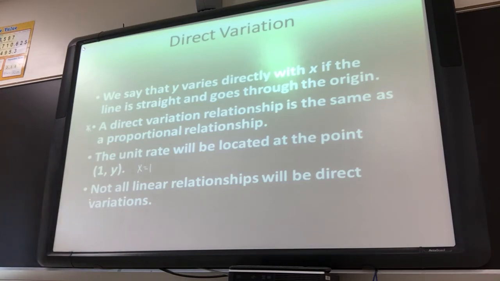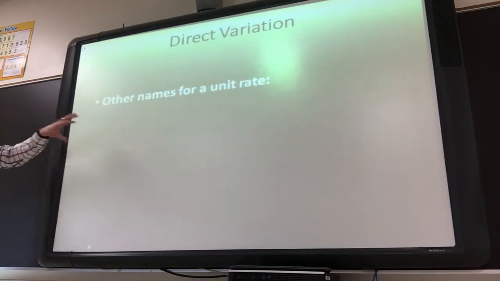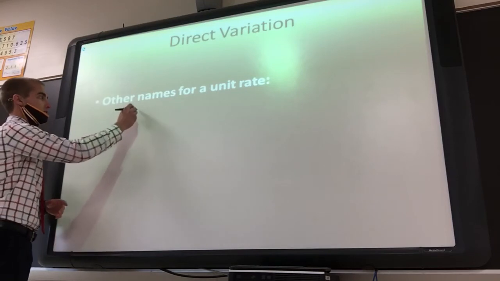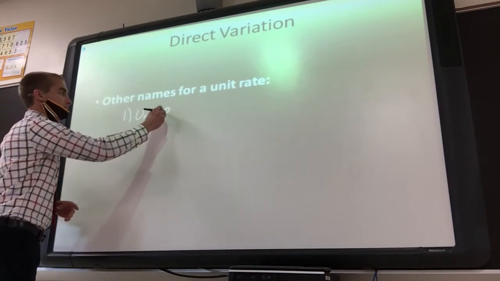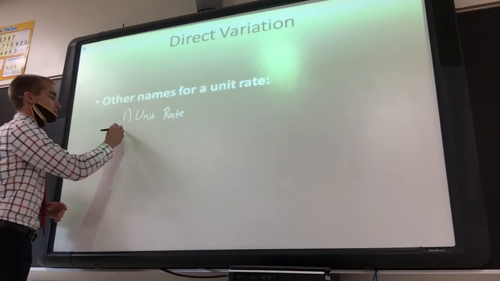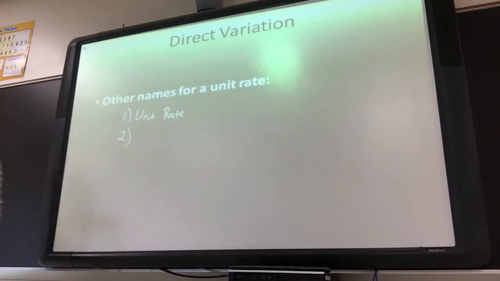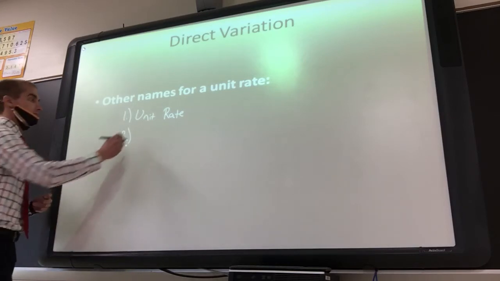Okay, so we've talked about 3 different reasons why something is proportional, right? Straight line through the origin, constant ratios, the same unit rates. There are now also 4 names for a unit rate. The first name for a unit rate is exactly itself, the unit rate. The second name for a unit rate is what we talked about yesterday, and that is slope.